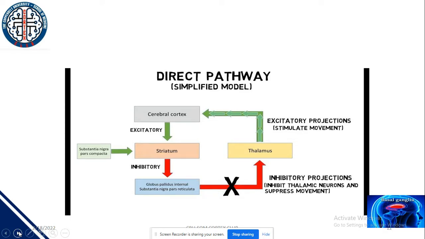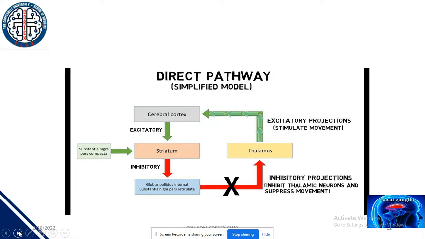Remember, in the striatum, we have the caudate nucleus as well as the globus pallidus, as well as the putamen. So once that happens, these two will produce an inhibitory neurotransmitter, which is GABA. And the GABA is going to act on the globus pallidus internus and the substantia nigra pars reticulata.